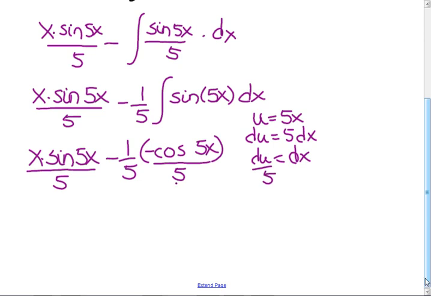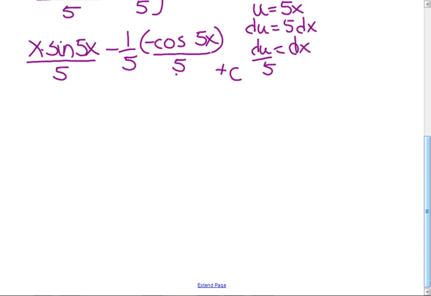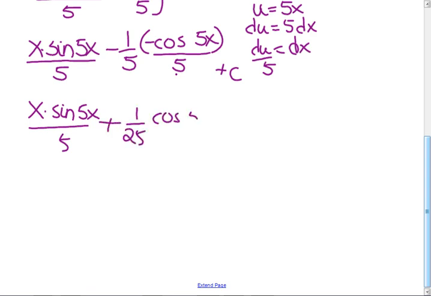That's why I have an extra 5 there, plus c. So it's x times the sine of 5x over 5 plus 1/25 cosine of 5x. If you do another U substitution, do it. I got the C.